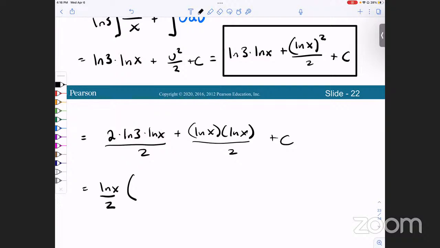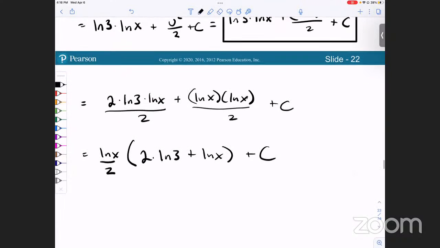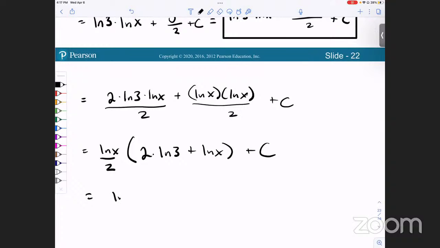If we factor that out, 2 natural log of 3 plus some constant. Power, that would be a 9. It's the same as the product. So then that would finish as x. Well, maybe it'll work out. So we have ln x over 2 times 9x plus some constant.